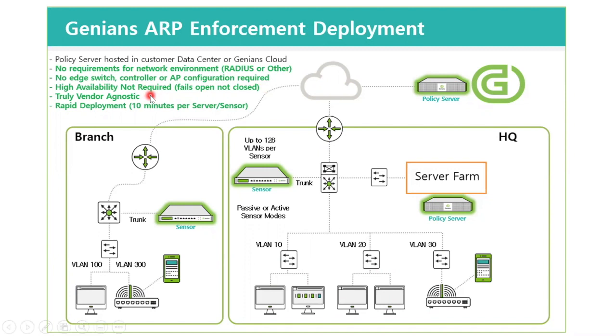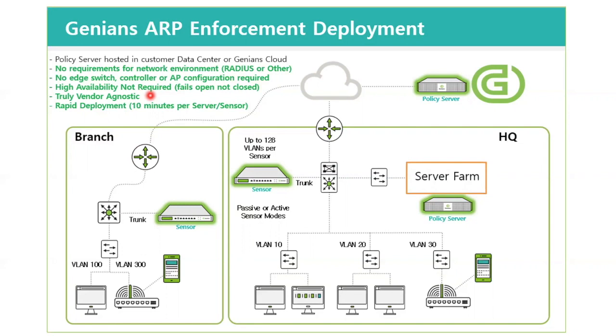Going back to the vendor agnostic term I talked about earlier, this is actually truly vendor agnostic. And the reason that can be said with confidence is because ARP is the technology that is leveraged, and the particular make, model, or vendor of the network infrastructure is not relevant. While it may change, ARP is consistent through all of those different network components.